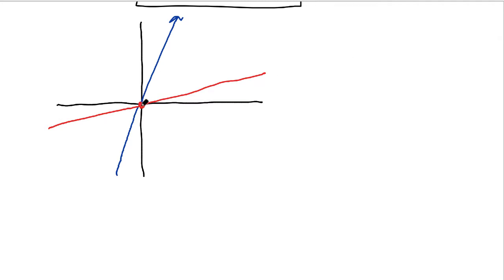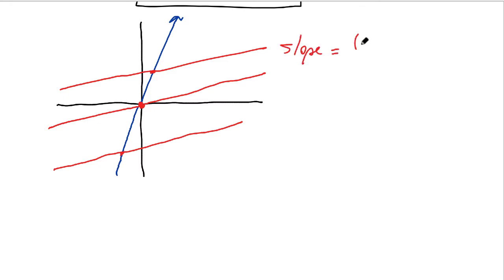And of course, there's nothing special about the origin. The observer assigns the same time to all of these events and these events. So these curves that are viewed as simultaneous for this observer all lie along lines with slope equal to 1 over v.